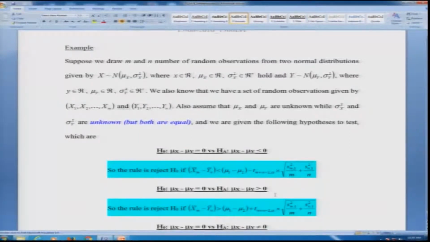Now, as I did mention, say for example, suppose we draw m and n observations from 2 different populations, trying to find out the difference in the means corresponding to the difference in the population means, and we do not have the population means. So, you use the sample means, but the only thing is that the population variances are unknown and they are unequal.